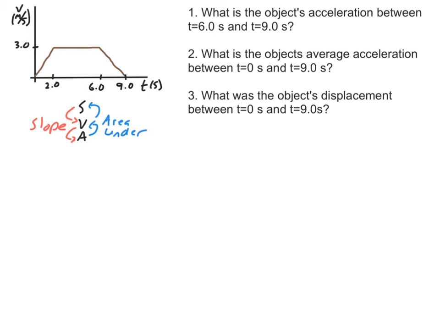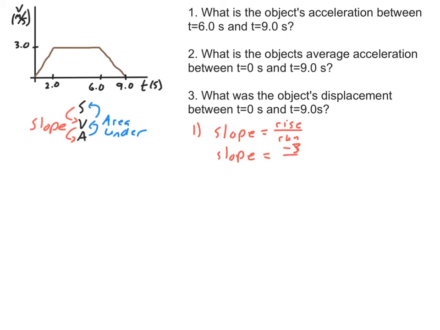So in this graph, if I get the slope between t equals 6 and t equals 9 seconds, then I have found the acceleration. A shortened way of putting slope is rise over run. In this case, from t equals 6 to t equals 9, my rise actually wasn't a rise. It went down, from 3 to 0. So that would be a rise of -3.